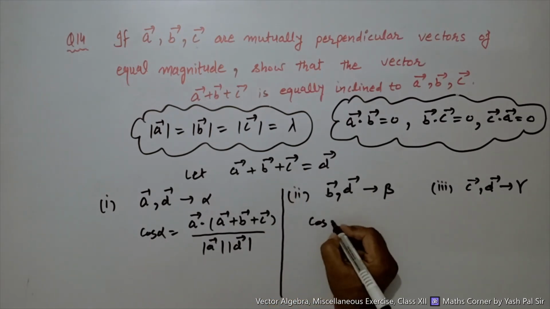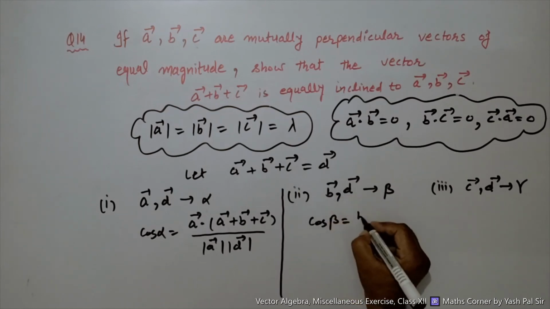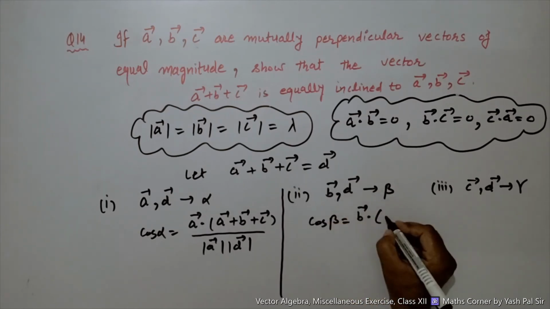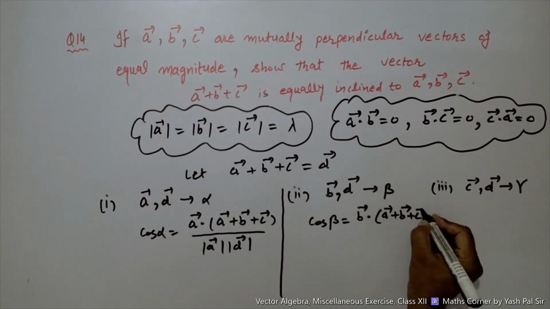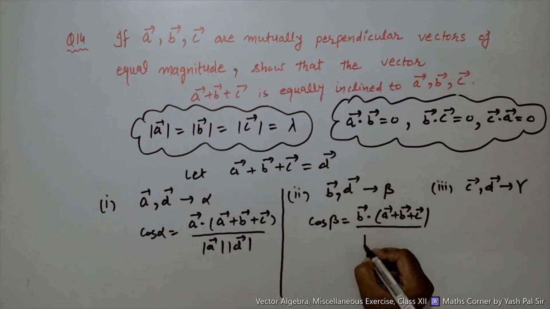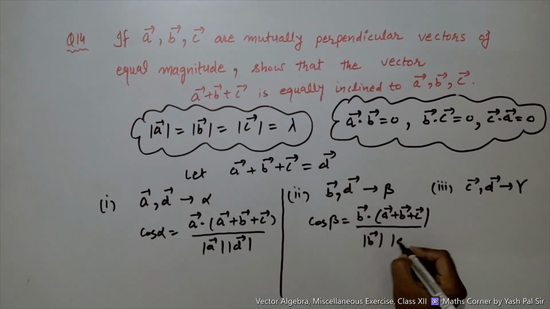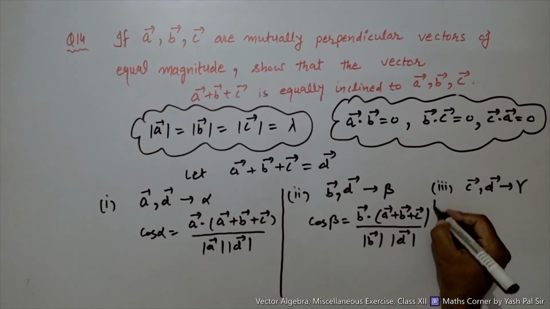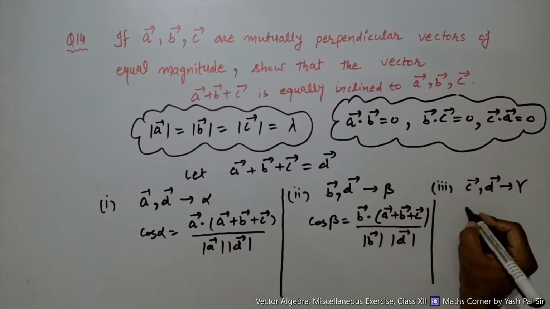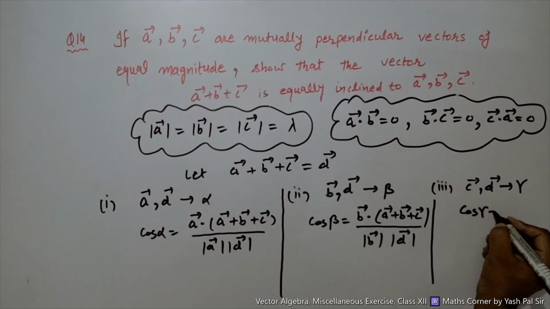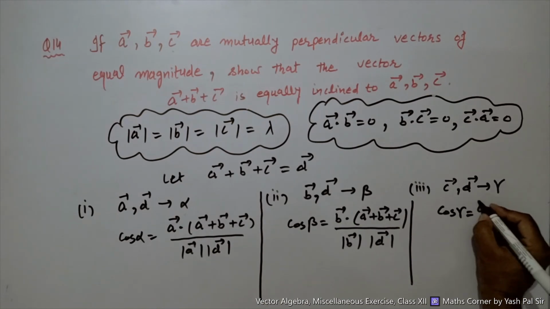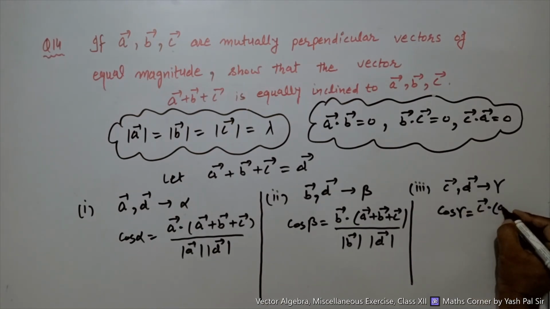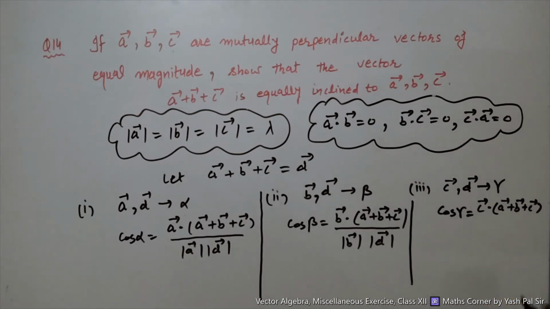Similarly, here we say cos beta is equal to B vector dot D, where D is A plus B plus C, divided by magnitude of B into magnitude of vector D. Third time we have cos gamma is equal to C dot D vector, which is A plus B plus C, right?